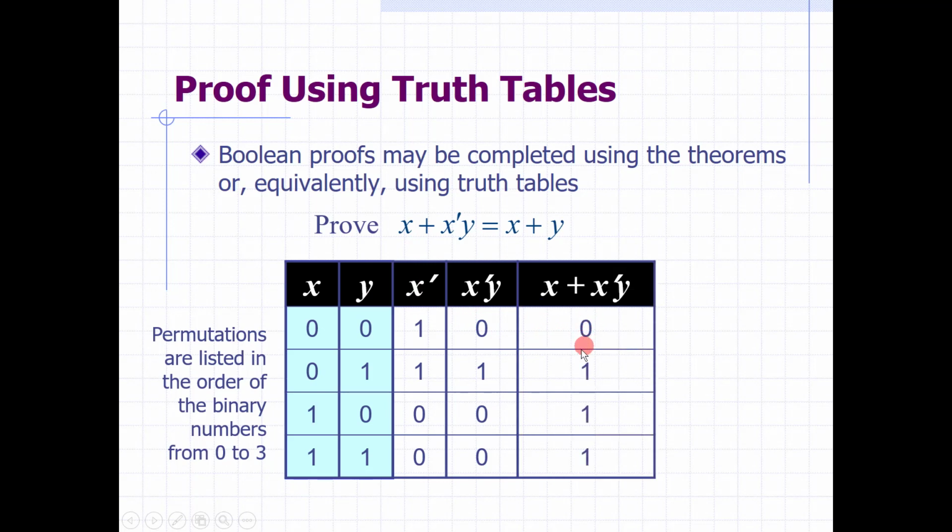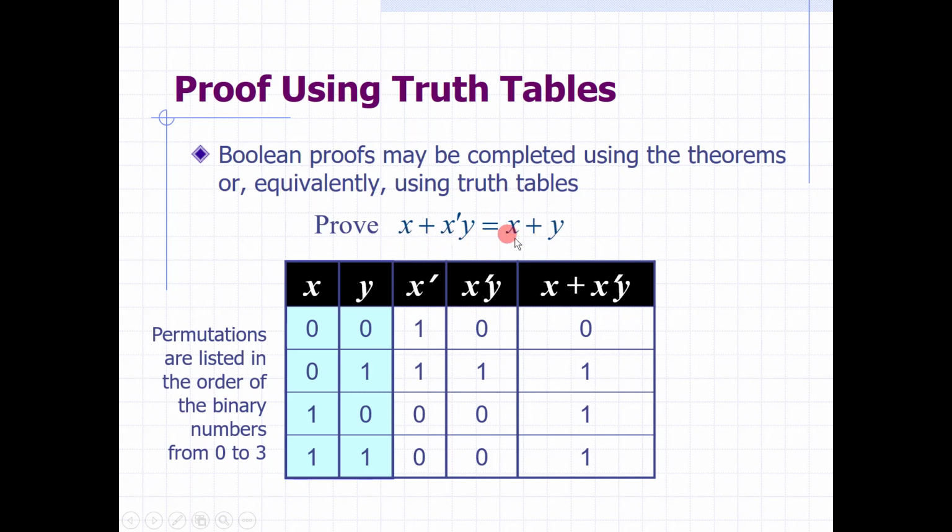And in all the other spots, anytime you have any part of it that's true, it will be true. So I have false or true, which gives me true, or true or false is true, and true or false is also true. So we've built the truth table for the left side expression.